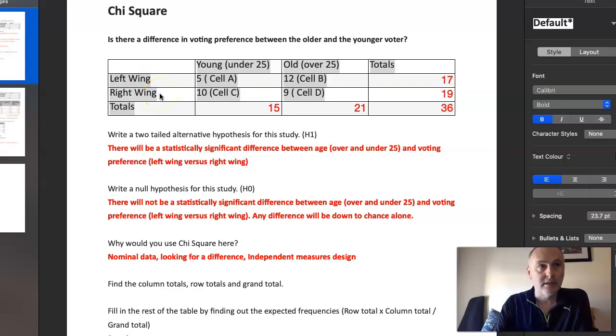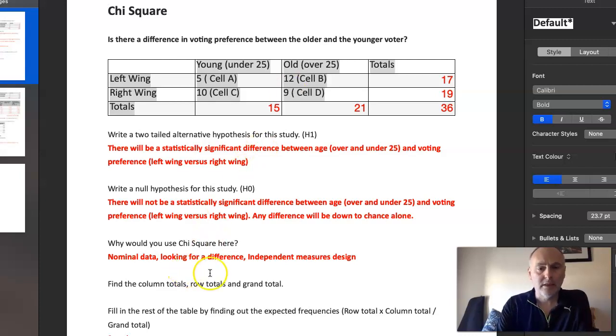That could have been presented in voting preference in terms of Conservative, Labour, Liberal Democrats, UKIP, whoever else is out there, but all we've done here is to put left wing, right wing. And also nominal data here as well: you can either be young or you can be old. You see how those are very, very broad categories, and you can only belong to one or the other. So that's why it's nominal data.